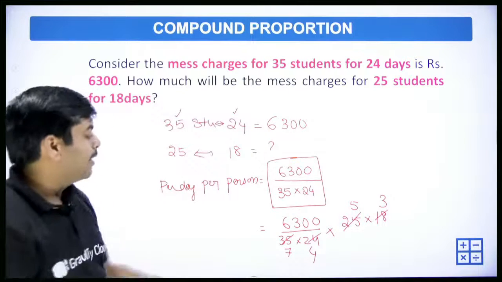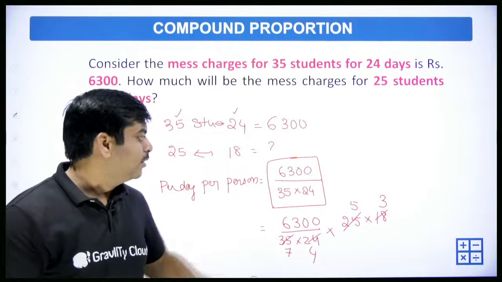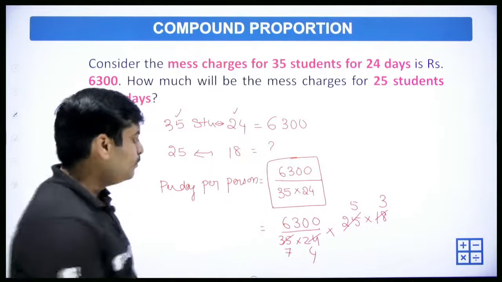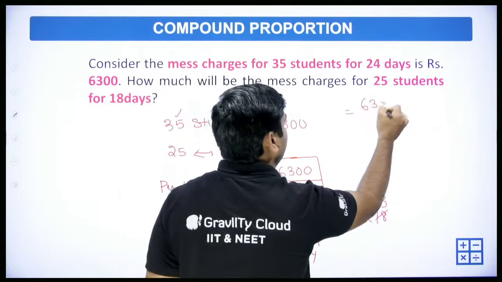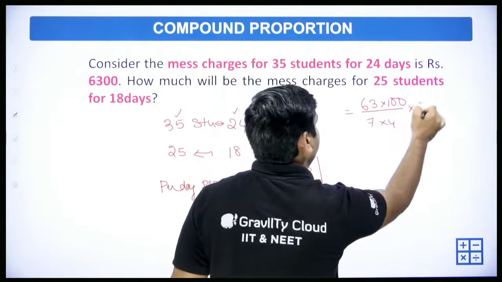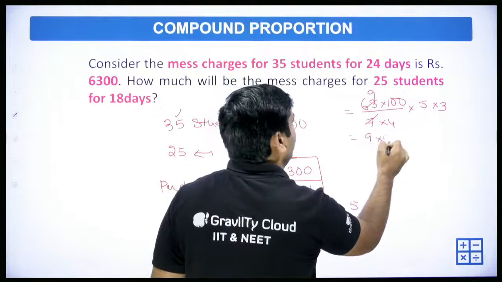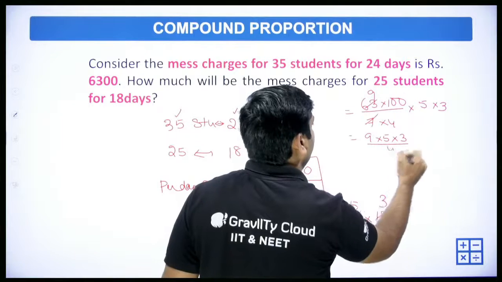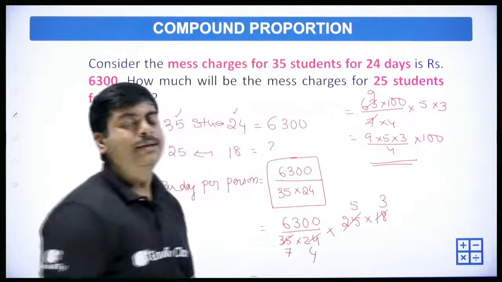We can still cancel, 7 9s are 63, correct? So 9 into 5 into 3 by 4 into 100. So whatever this count is, that will be your answer.